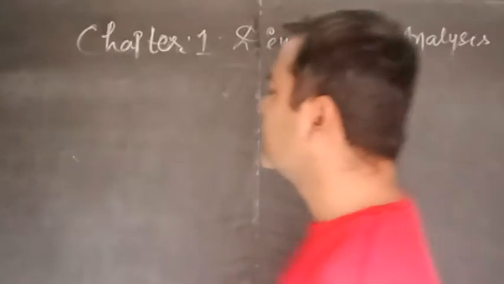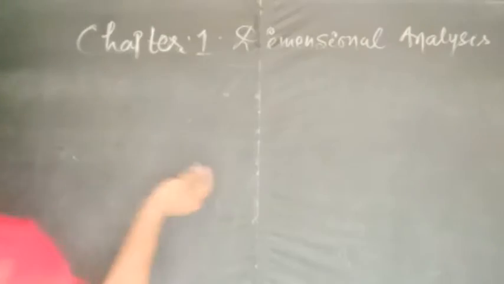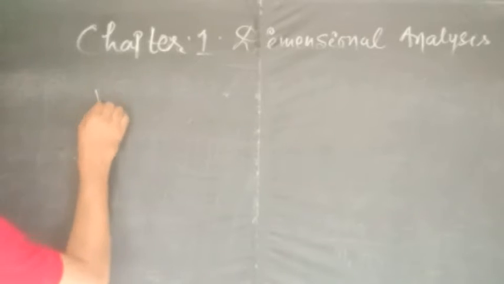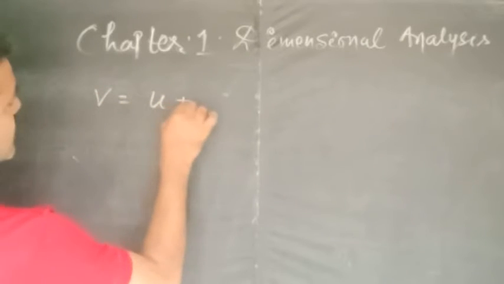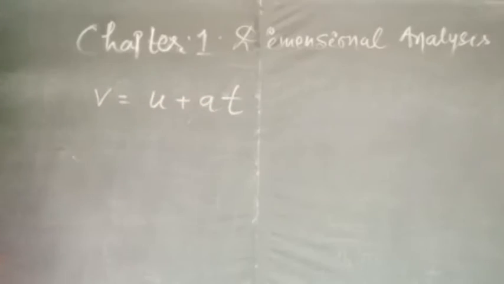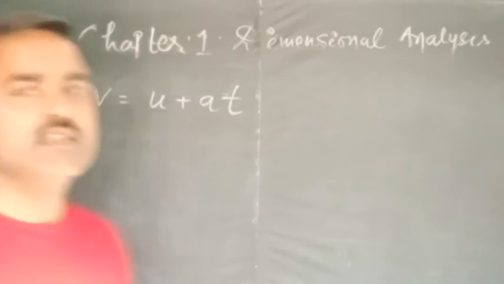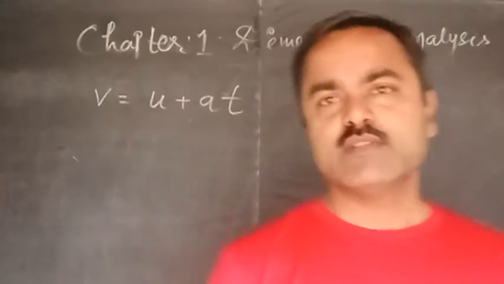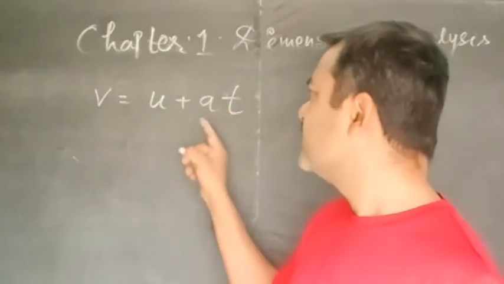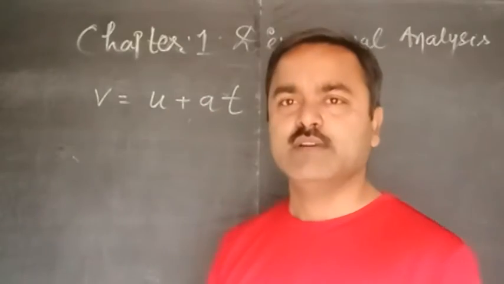For example, suppose it is given v = u + at, and the question is to find the dimensional formula of this one.